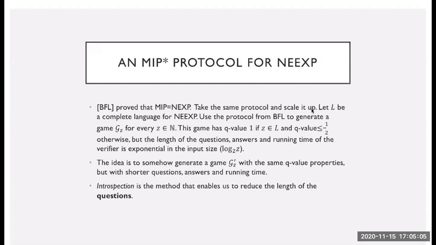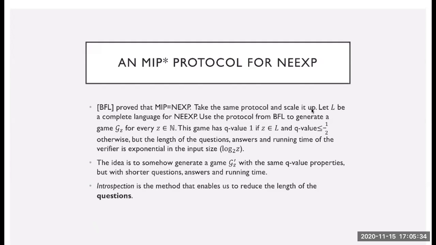But you can just think of this protocol scaled up. Instead of deciding a language in NEXP, you try to decide a language in NIXP. So something where, if I am given a doubly exponentially large proof, I would be able to believe that it is a true proof.